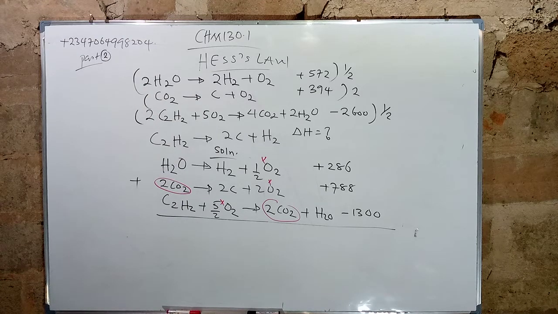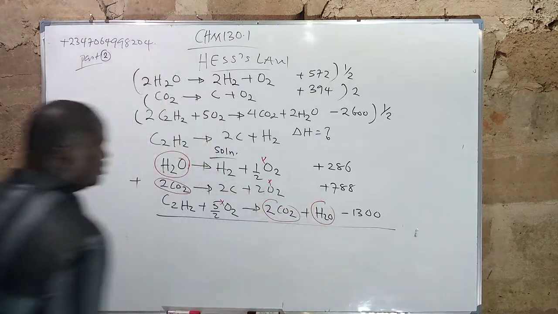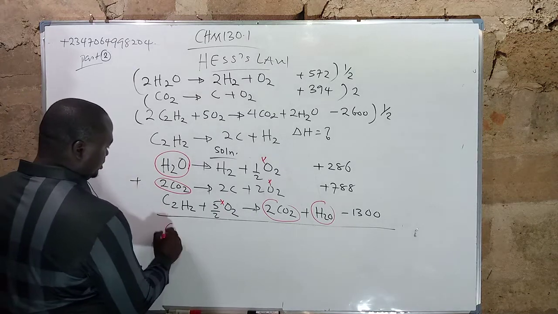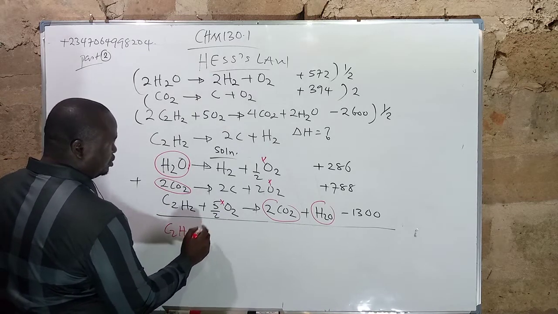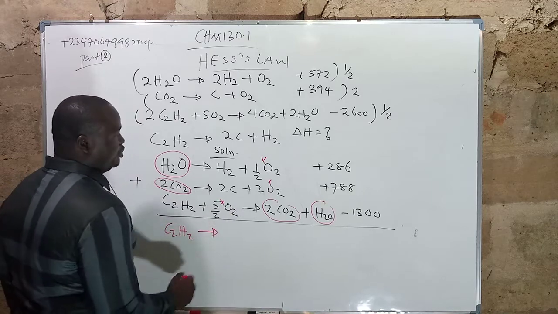So the next thing is for us to start solving. Okay, water will also cancel out. So the next thing is just for you to write this whole thing and it's over. So here, we have only C2H2, and of course water has cancelled. Then we go to the product.